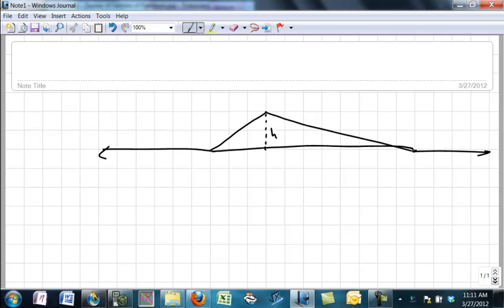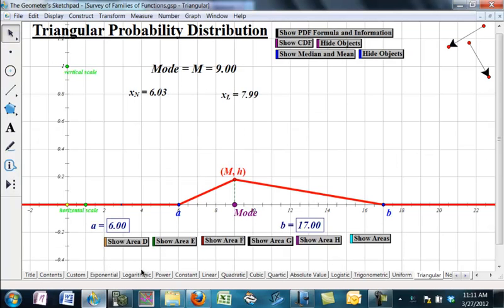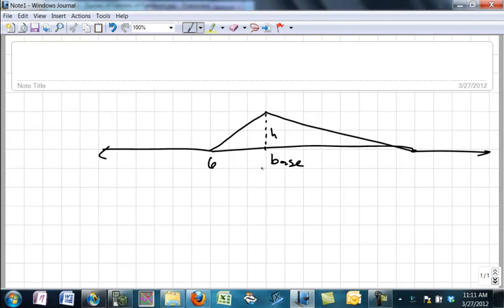And we have a base here. Well, this particular one runs from 6, right here at 6, to over here at 17. Okay, so that's 6 here and 17 here. So that means this base has length 17 minus 6 is 11. So that's 11 units long for the base.